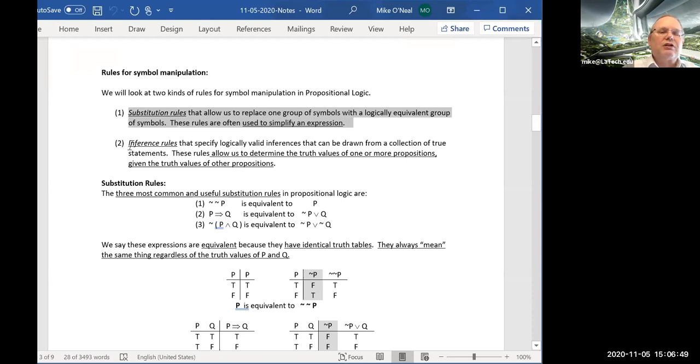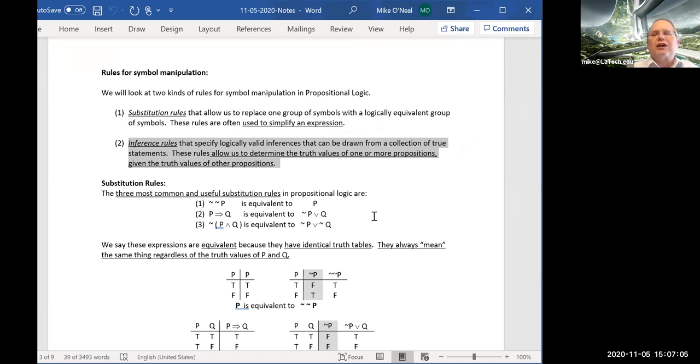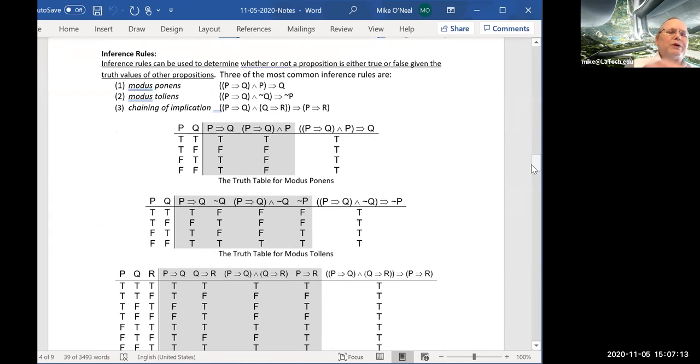Now what we want to do is go through inference rules. Inference rules allow you, if you assume that all of your statements up to now are true, to infer additional true statements. So that's how we're going to use inference rules. Okay, so what are these inference rules of which you speak, Mike? There are 3 basic inference rules, and I use the old-fashioned Latin names for them.